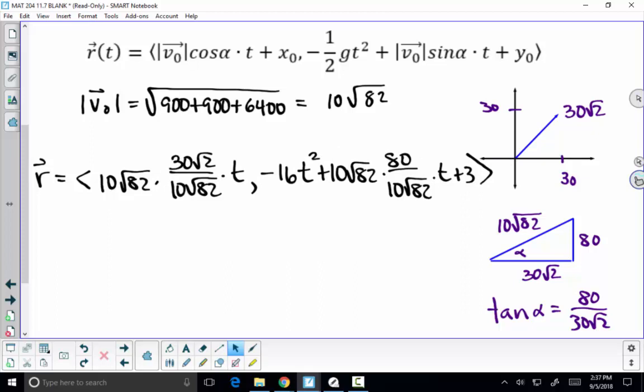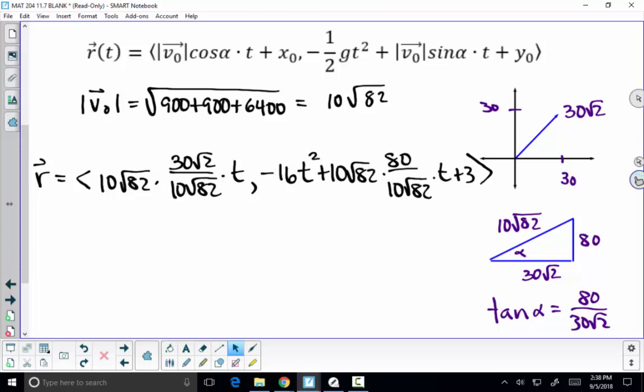Professor? Yeah, go for it. Why is the hypotenuse smaller than the base? Yeah, that's not a good thing. Let's figure that out. So we came up with 30 root 2. Did we double check that answer there?